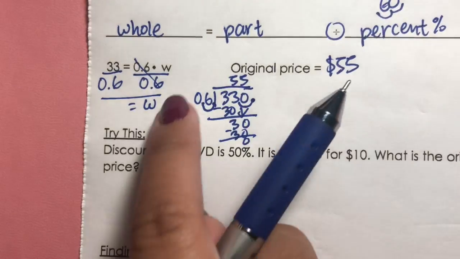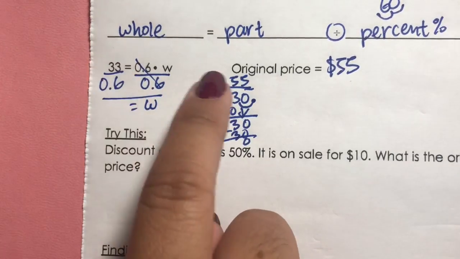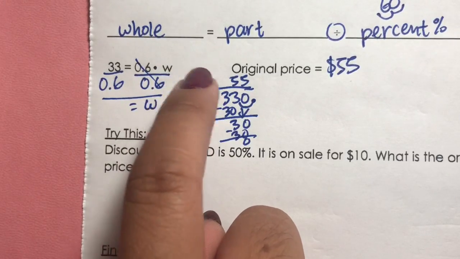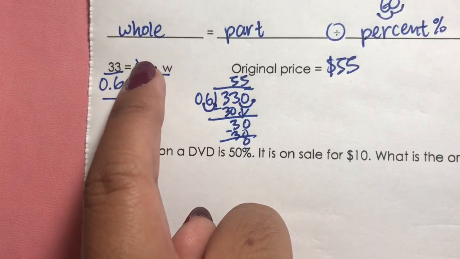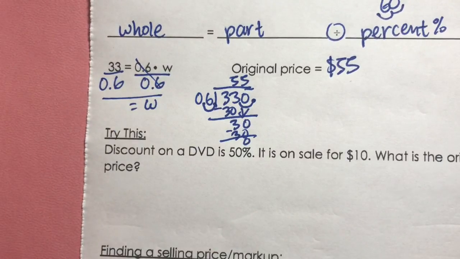I showed it this way because if you want to think about it in our percent formula of finding the part, which equals percent times whole, this is our part equals percent times our whole. We don't know what our whole is, but if we have 0.6 times the whole equals 33, then we can, oh my goodness, I'm getting tongue-tied, I apologize.